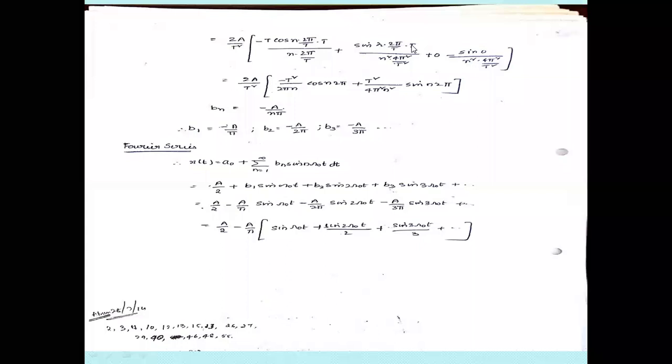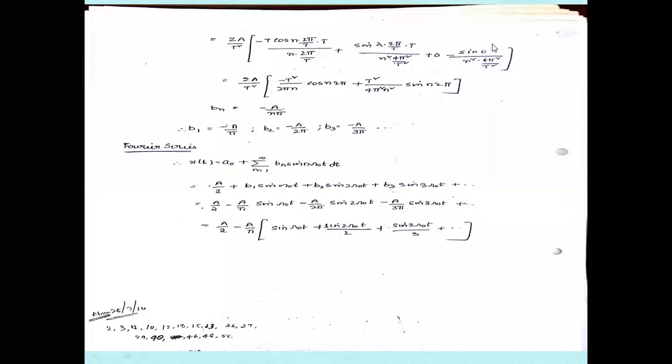Sine n omega naught t by n square 4 pi square over T square, plus the next two terms are for the lower limits. For the lower limit, t is there, t into anything, nothing but 0 into anything is 0, minus sine 0. Already we know sine 0 is also 0 only.